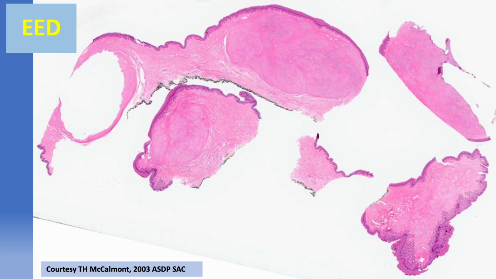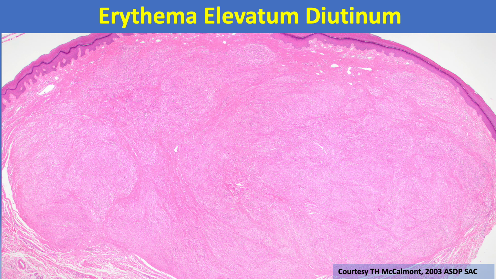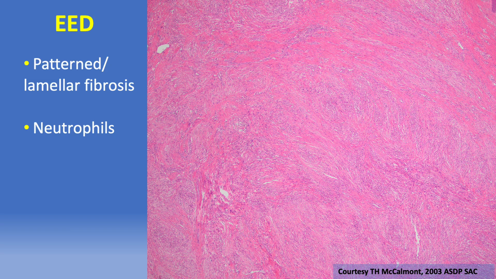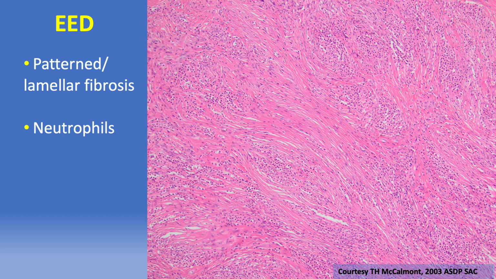And one additional case from my former attending, Dr. Timothy McCalmont, courtesy of our mutual participation in the 2003 ASDP self-assessment course. The panoramic view showing the characteristic acral type location, and beautiful patterned lamellar fibrosis with multiple neutrophilic foci.